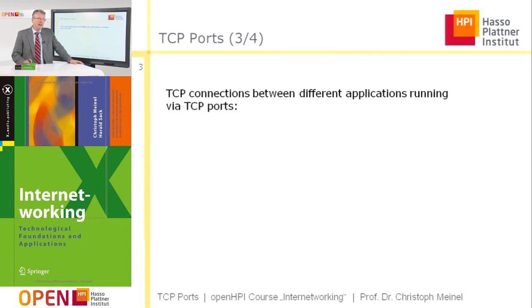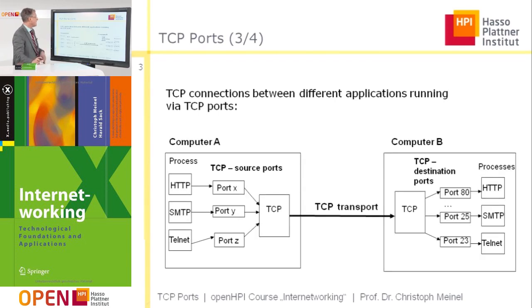So a TCP connection runs between the two endpoints on the end systems, and these endpoints are the TCP ports. The TCP port allows an application to communicate by means of TCP with an application on the other side.